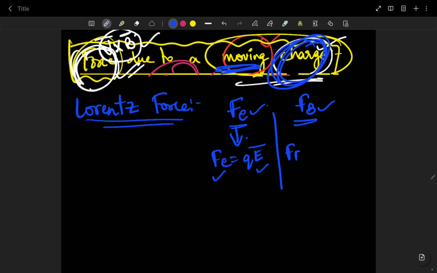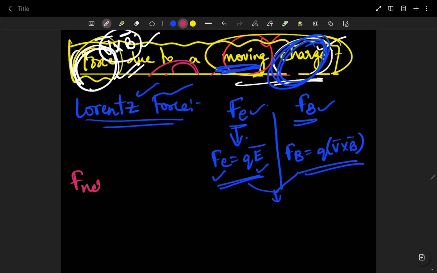In this chapter you have understood that Fb is equal to q v cross B. So with this, we have to combine both these forces together, and this is possible with the help of Lorentz force. Okay, so what Lorentz force does is it gives you the F net.